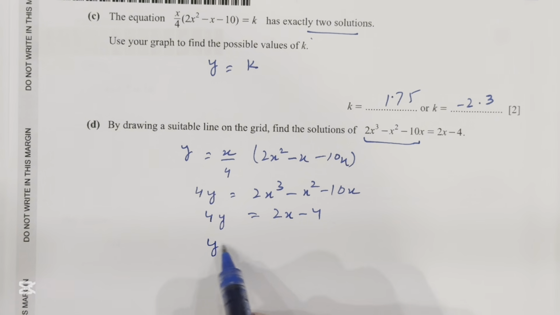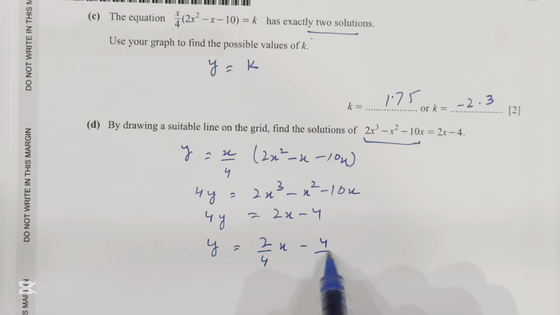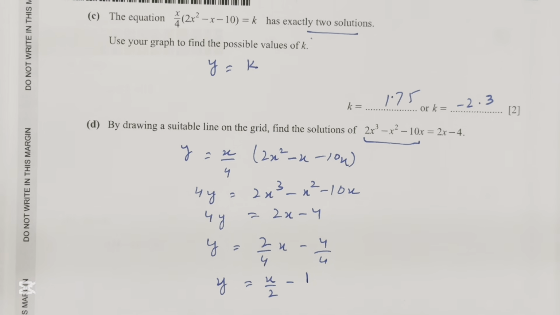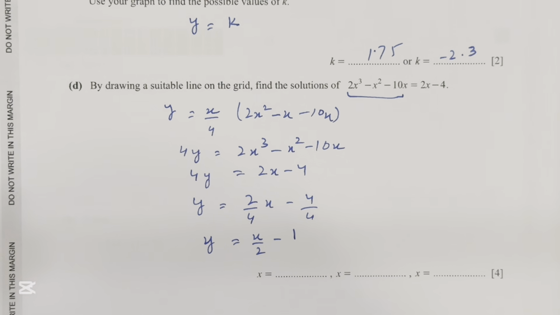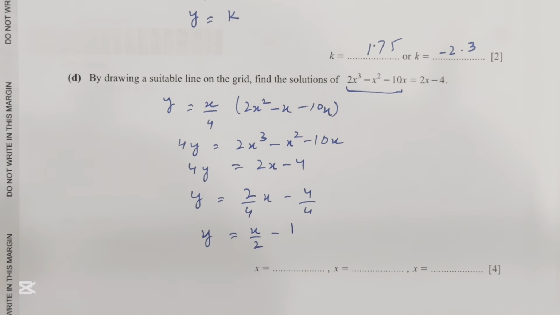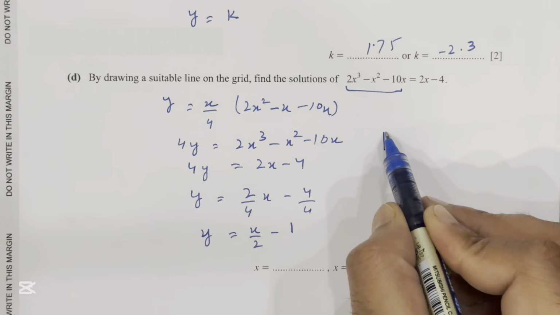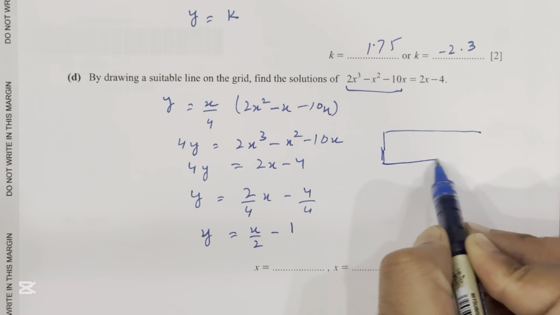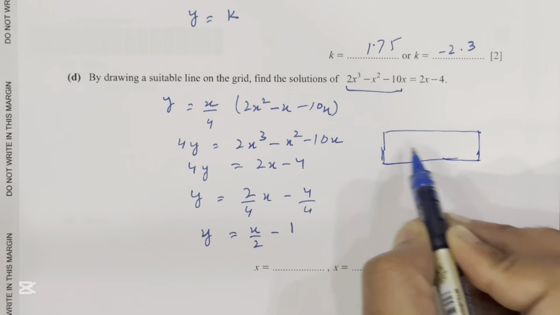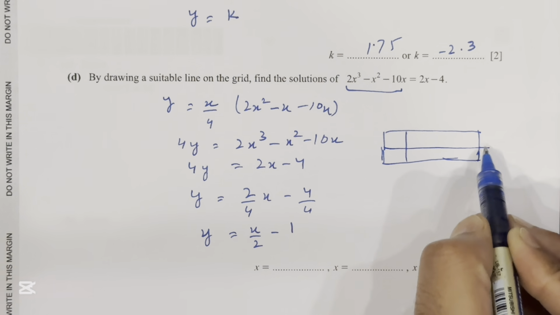Now you need to make y the subject. 2 by 4 x minus 4 by 4. You can simplify it. y is equal to x by 2 minus 1. So this is your equation. You need to draw this on the graph. You can make a small table over here for your simplification and for your understanding.